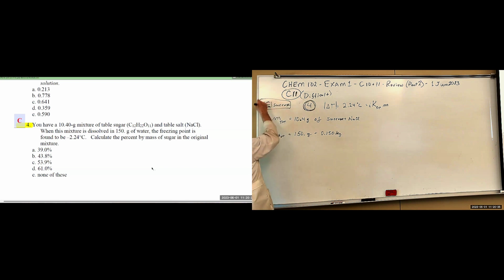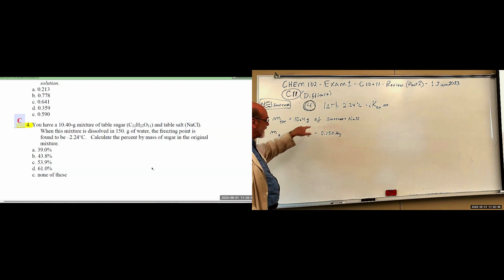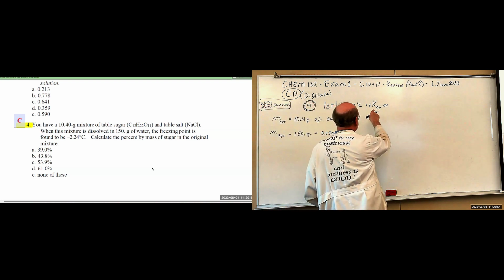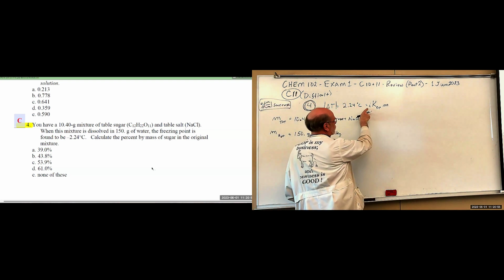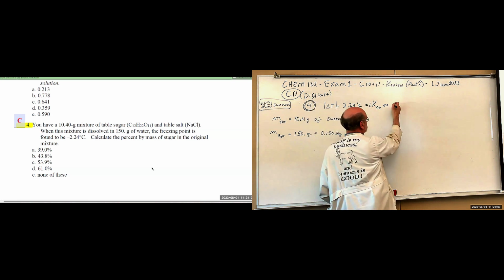To calculate that, we need the total mass, which we have right here. We need the mass of the sugar somehow, but we have a mixture here. So what we can do is separate this into two factors.